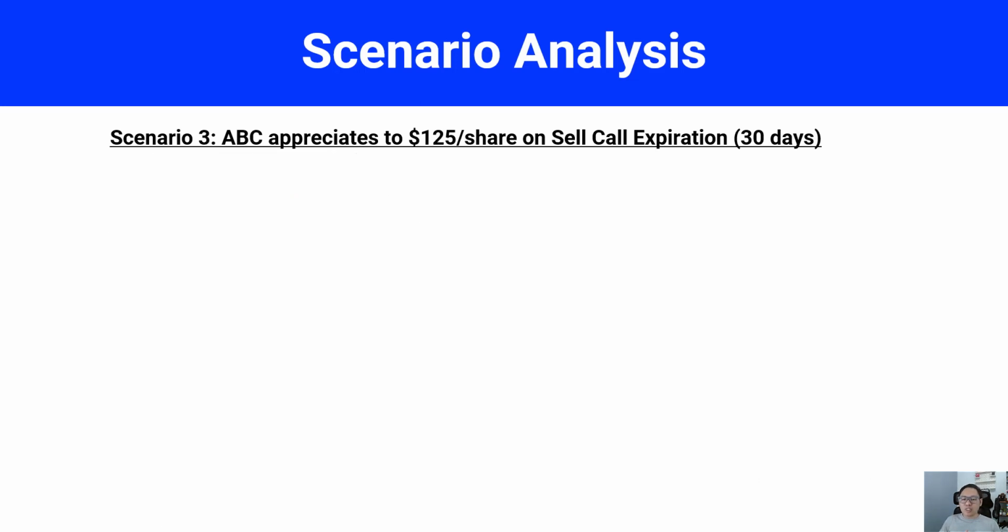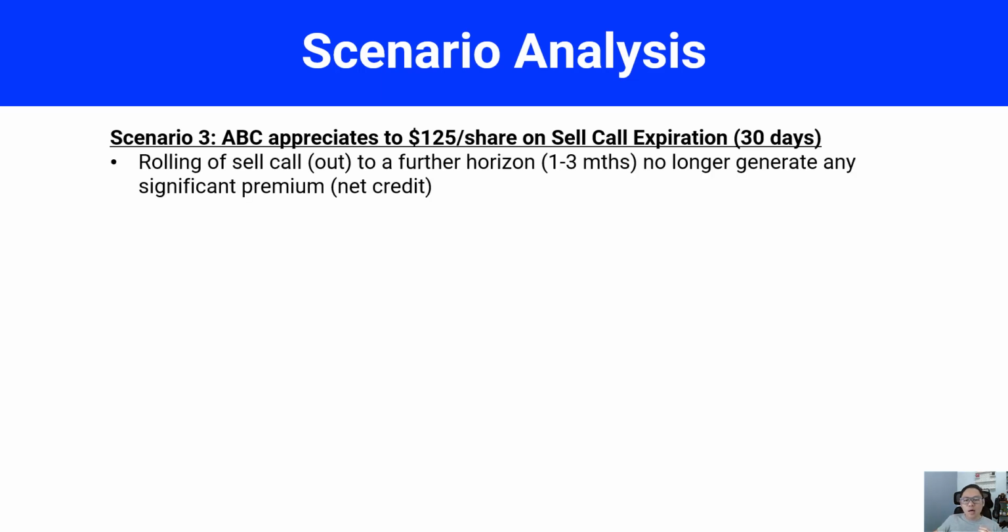This brings us to scenario 3, where ABC appreciates significantly to $125 during this period. Now, the act of rolling the call option will no longer generate any more significant income for you, and the better course of action is to exit this trade where no action is required on your part.